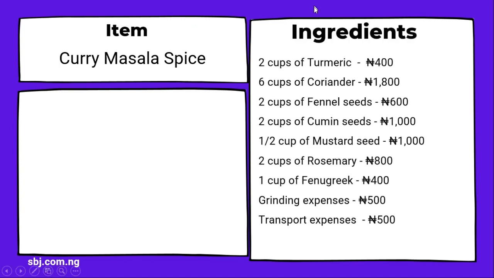The ingredients that she uses for a curry masala spice, so she bought 2 cups of turmeric, 6 cups of coriander, fennel seeds, cumin seeds, mustard seed, rosemary, fenugreek, and of course she spent money on grinding expenses and transporting herself to get these ingredients.